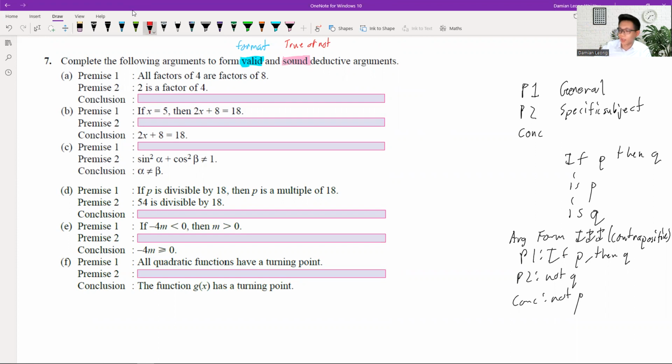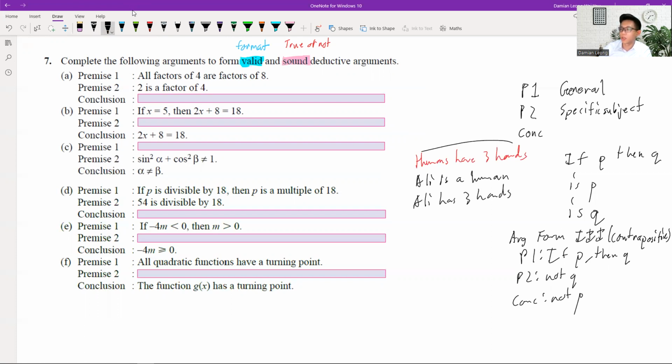So if I say, for example, humans have 3 hands. Maybe Ali is a human. Then I say Ali has 3 hands.